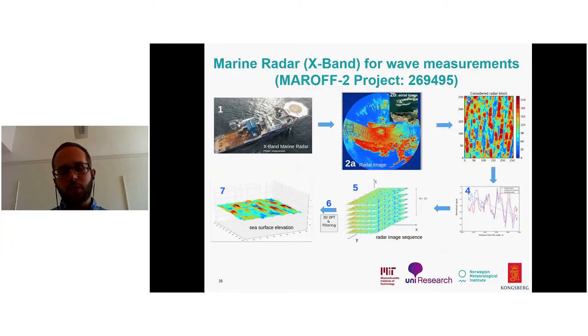After all this processing, we make an inverse FFT, and then we get the sea surface elevation. So this is an alternative way to get wave information near the coastal areas and inside the fjords, for example.